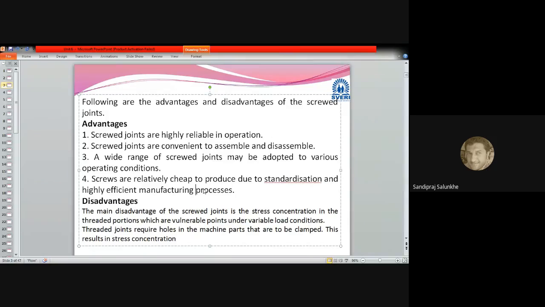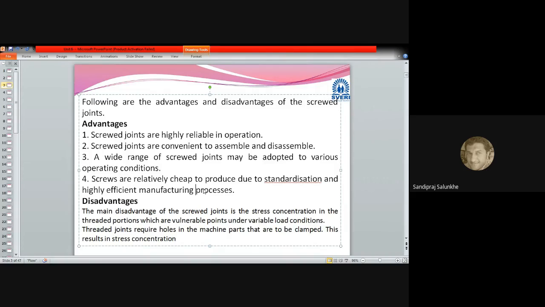And the diameter which you calculate, you have to check whether it is available among the standard available nuts and bolts. If not, then you have to go for the next, increased diameter of that bolt. And accordingly, you select the nut. It is not necessary to have the nut and bolt separately.